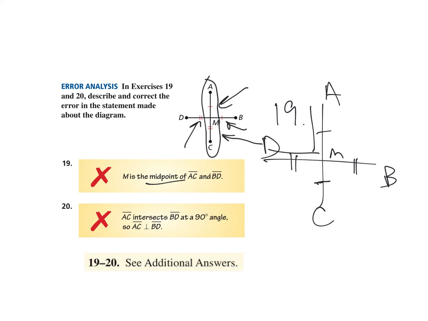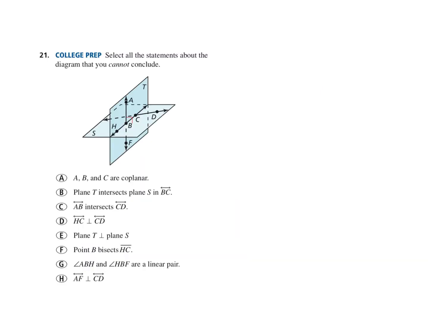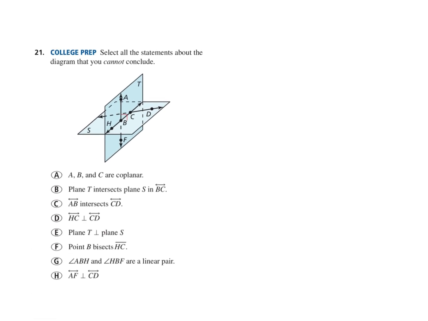Number 21. Okay, so here's a great example for college prep. Select all the statements about the diagram that you cannot conclude. So A: A, B, and C are coplanar. Make sure you're trying this before you see how I do it.